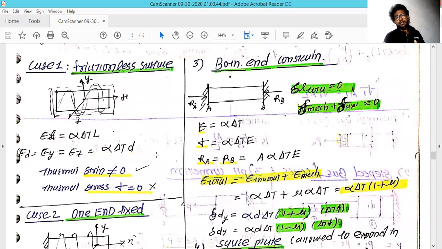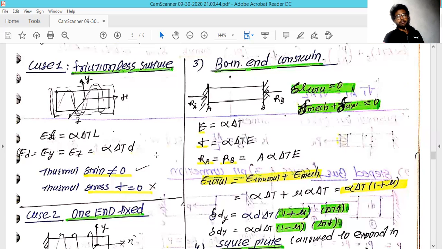The rod has a length L, and when we heat it, it will expand. Due to that, stresses are going to be generated on the surfaces, and compressive forces are generated inside it, because once it starts expanding, it tries to push away the wall.